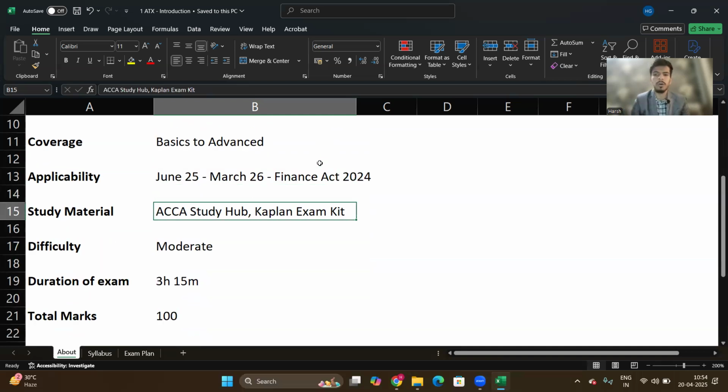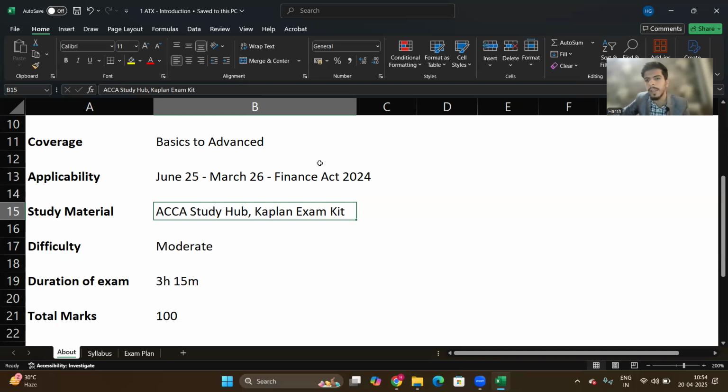And the study material. As I told you earlier, we have used ACCA Study Hub as one of our resources. The reason behind not choosing Kaplan Study Kit is because I think Study Hub is a better resource, and also it is the official hub for studying ACCA papers.